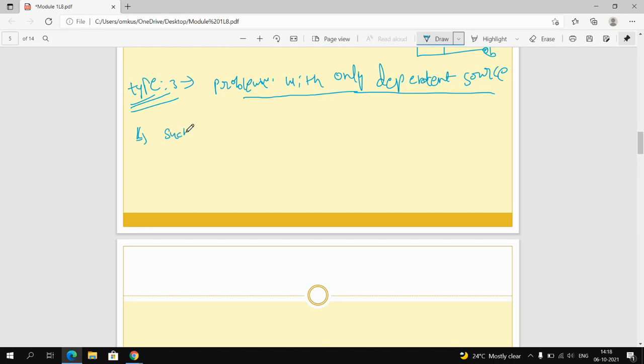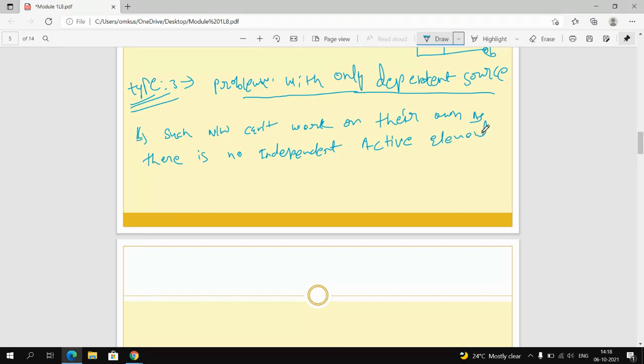Such networks can't work on their own, as there is no independent active element to drive them.